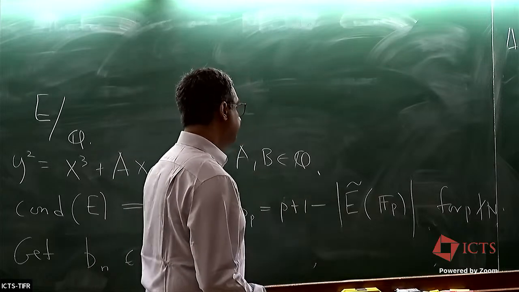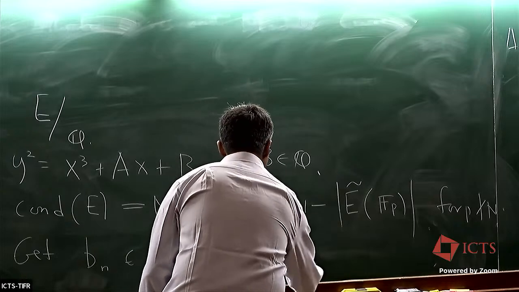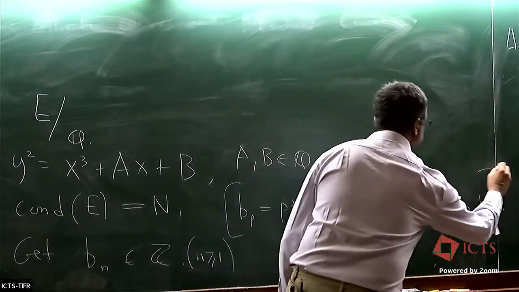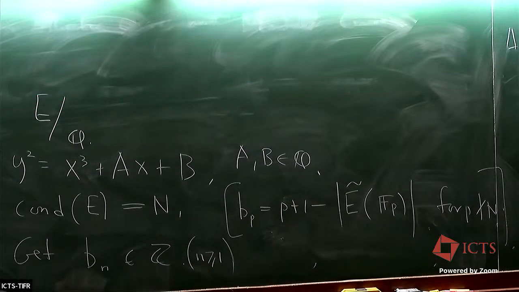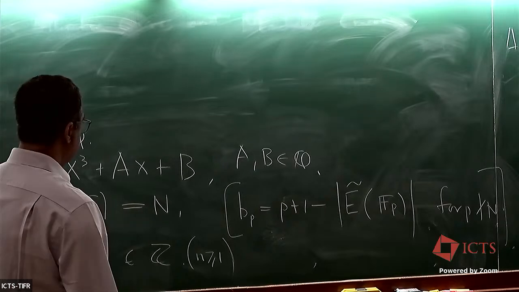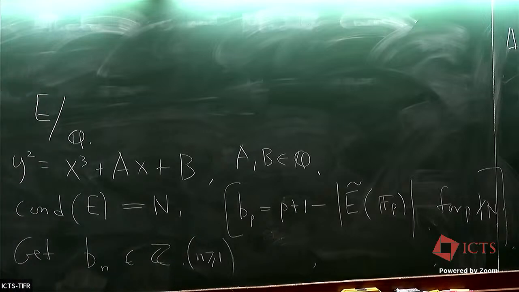So this gives you b at prime numbers. You can extend this to all natural numbers; on two coprime primes p and q, you just define b_pq to be b_p times b_q. There are ways to extend these formulas to get these numbers b_n.